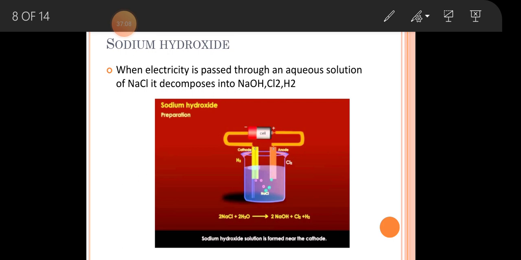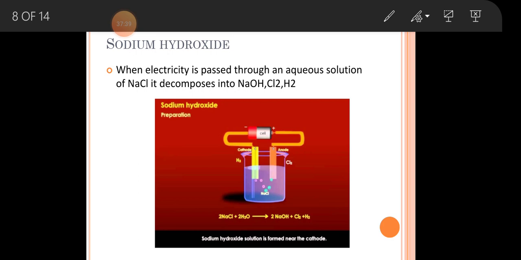The main raw material for the manufacture of sodium hydroxide is sodium chloride. It is manufactured by the electrolysis of an aqueous solution of sodium chloride. What is an aqueous solution? It is nothing but dissolving a given salt in water. When electric current is passed through an aqueous solution of sodium chloride, it decomposes to form sodium hydroxide, chlorine and hydrogen. This is a simple reaction but is very, very important.